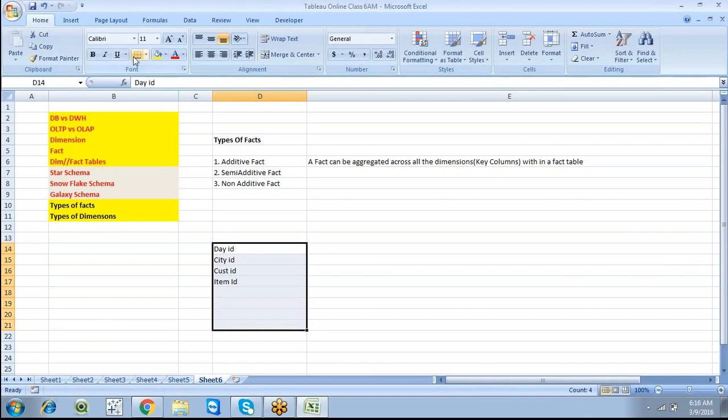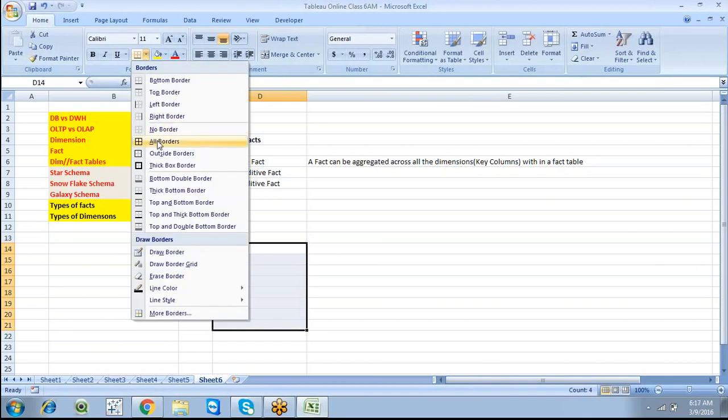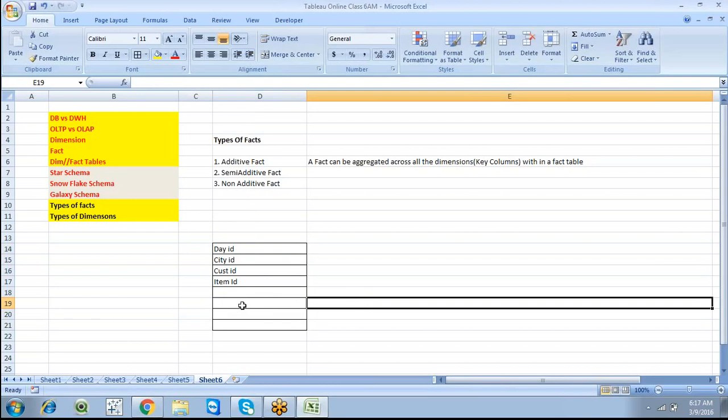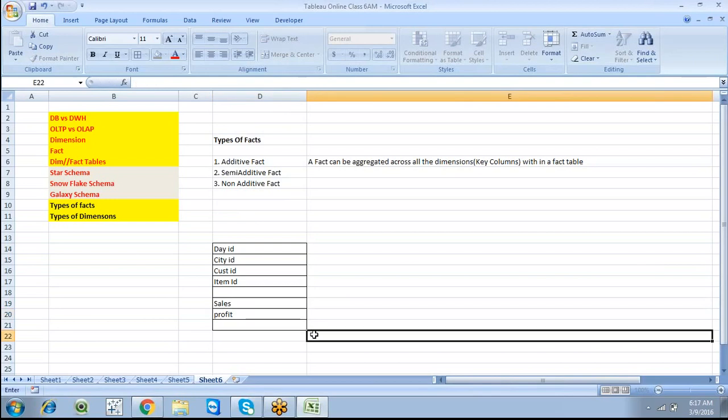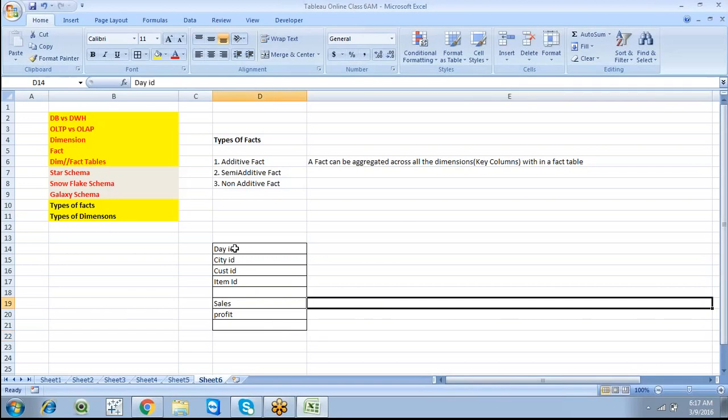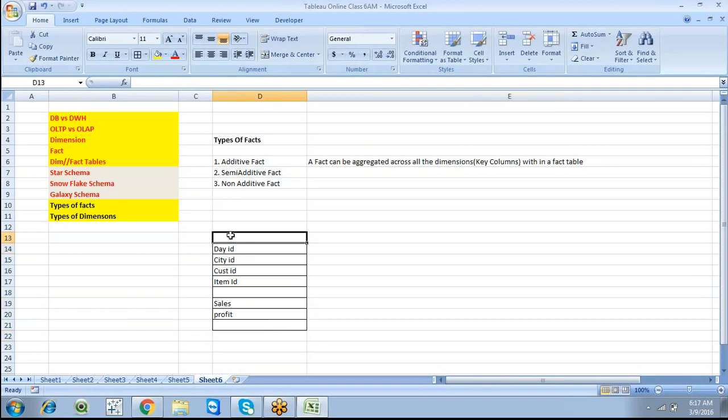These are key columns, and we do have facts: sales and profit. So this is an example for an additive fact; these are key columns and this is a fact table.